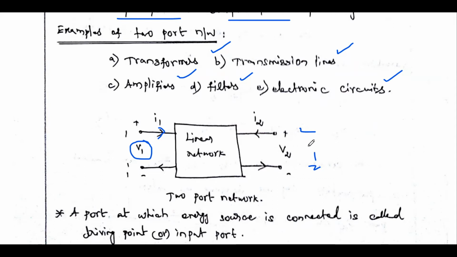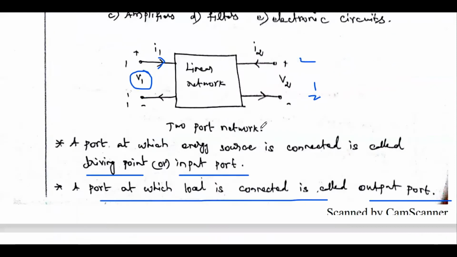Similarly, V2 is the output voltage. These are the 4 variables we have to consider: V1, I1, V2 and I2, where V1 is the input voltage, I1 is the input current, V2 is the output voltage, and I2 is the output current.